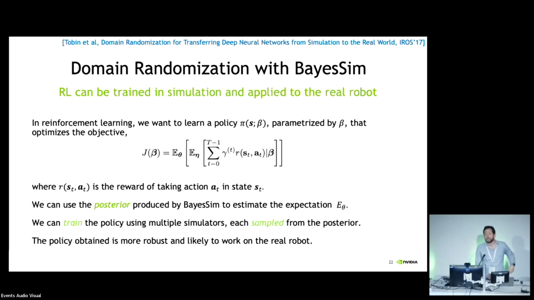But the prior might be way too broad for you, so it led to a lot of instabilities. If you randomize according to the posterior, you actually get much better performance in your policy and much better convergence, and a much better chance to perform well in the real world.